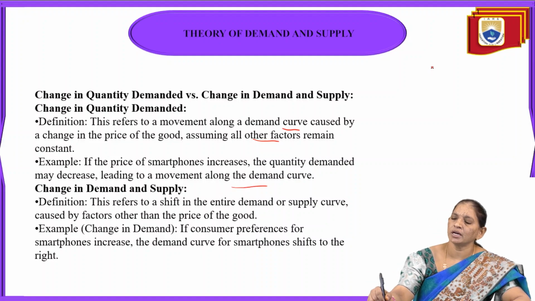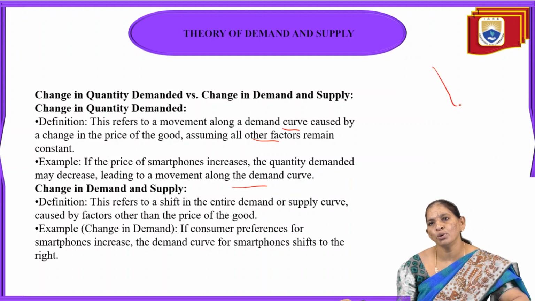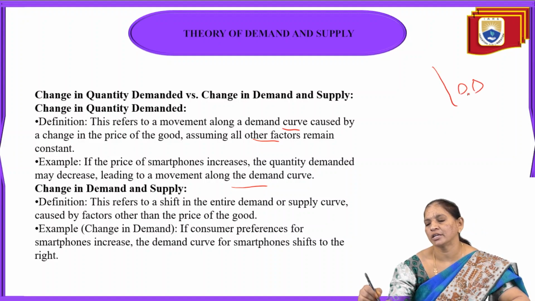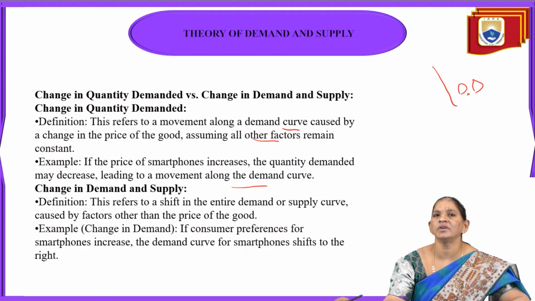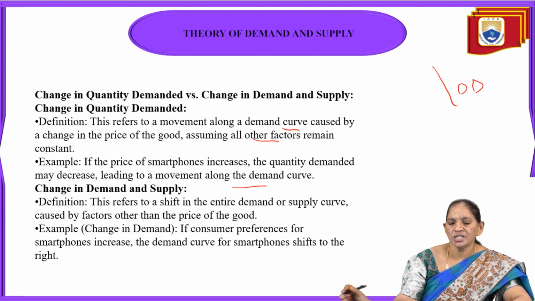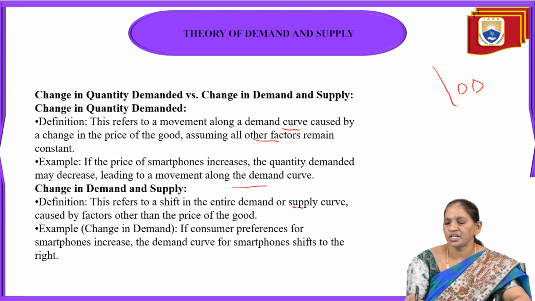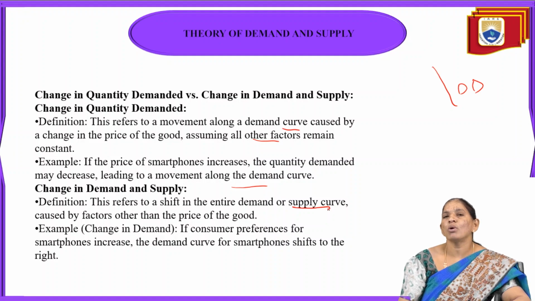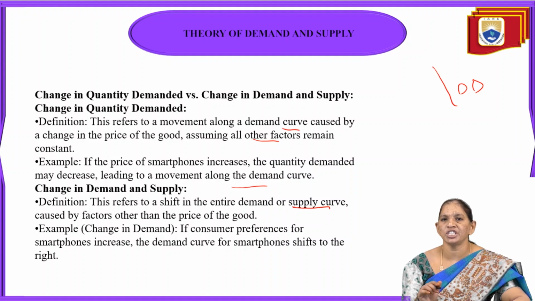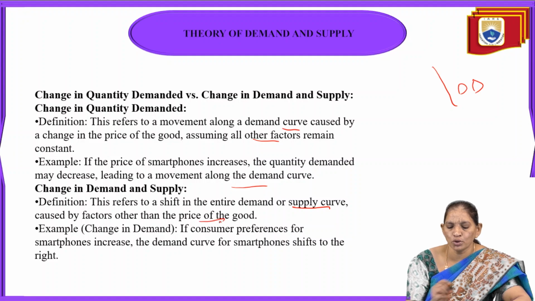As we know, the demand curve slopes downward, DD being the demand curve. As price increases, the demand will decrease. And a change in demand or supply is a shift in the demand curve, causing a change in the price of the goods.